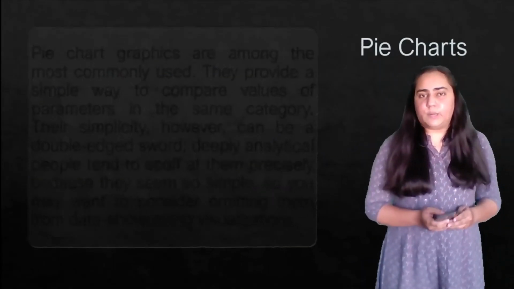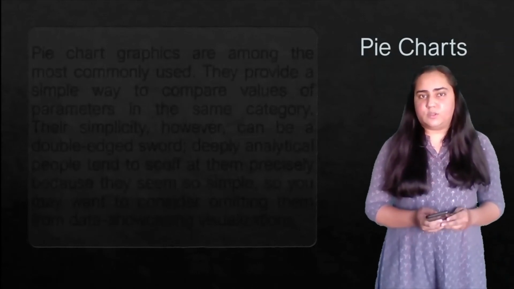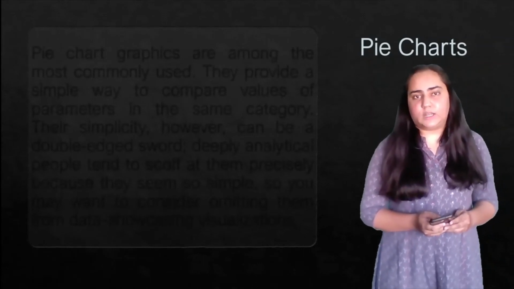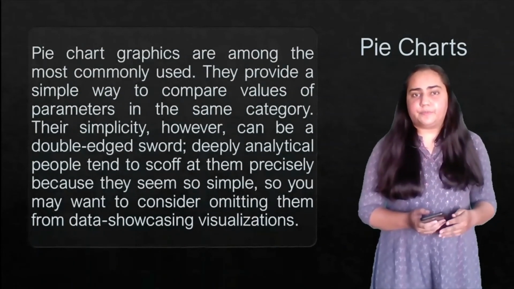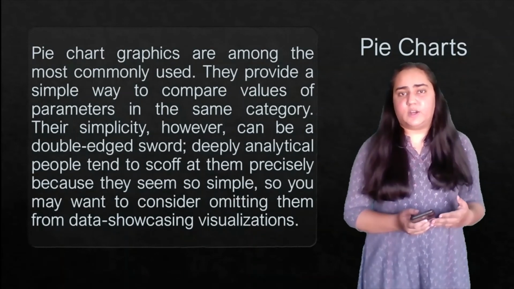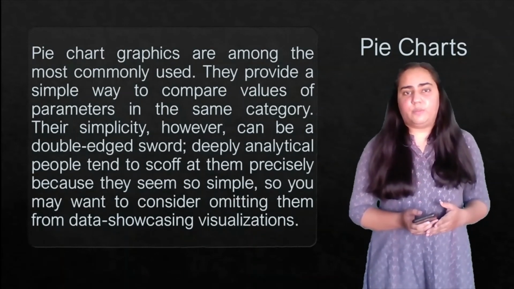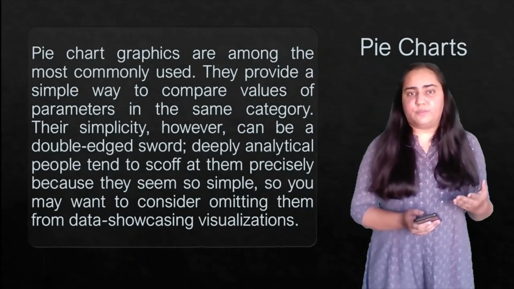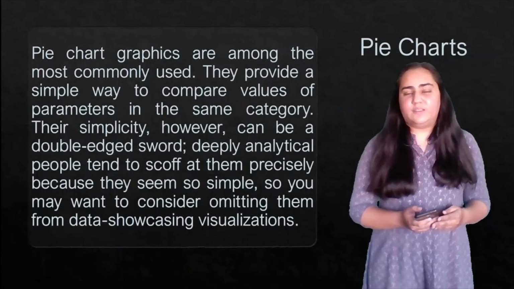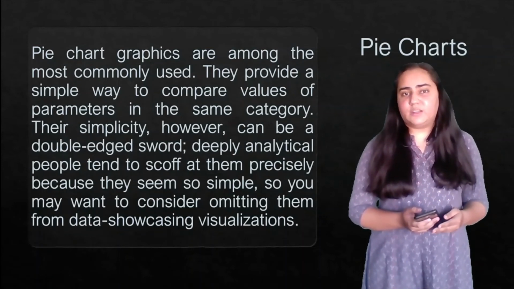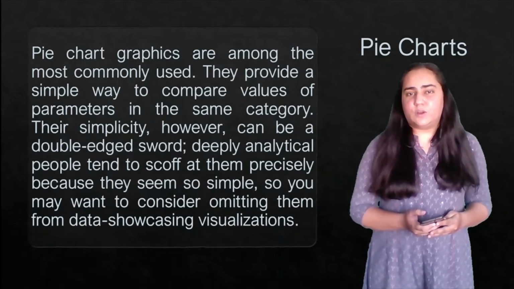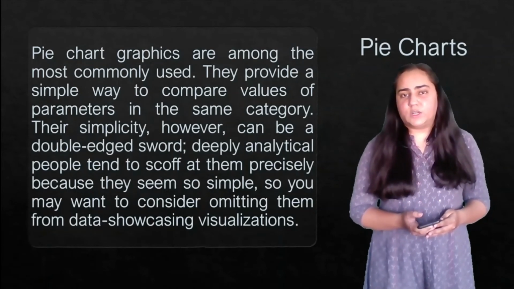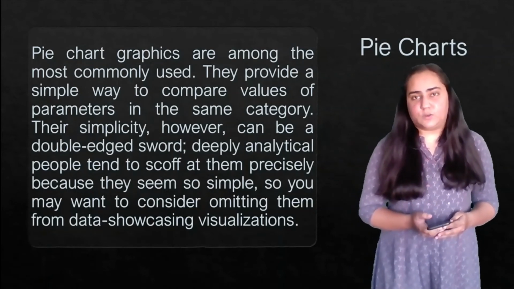The next is the pie chart, which is a very simple and humble type of representation that practically everybody knows how to make and how to interpret. Pie chart graphics are among the most commonly used. They provide a simple way to compare values of parameters in the same category. Their simplicity, however, can be a double-edged sword. Deeply analytical people tend to scoff at them precisely because they seem so simple. So you may want to consider omitting them from data showcasing visualizations.